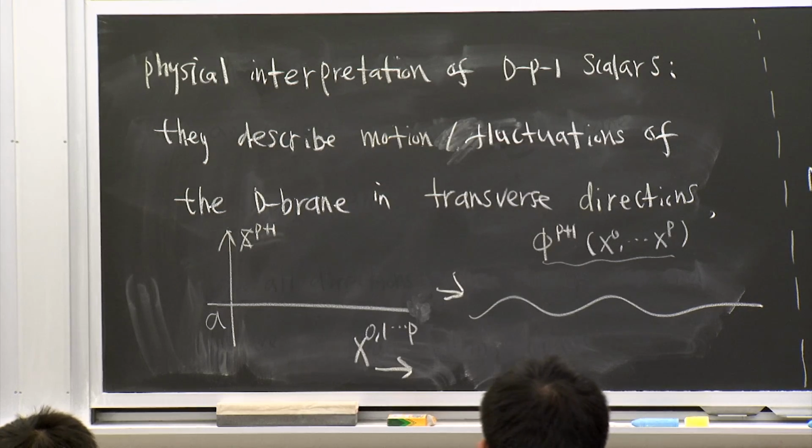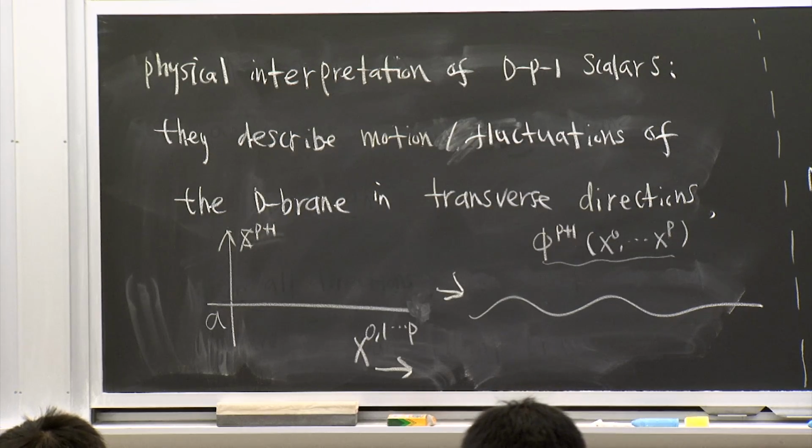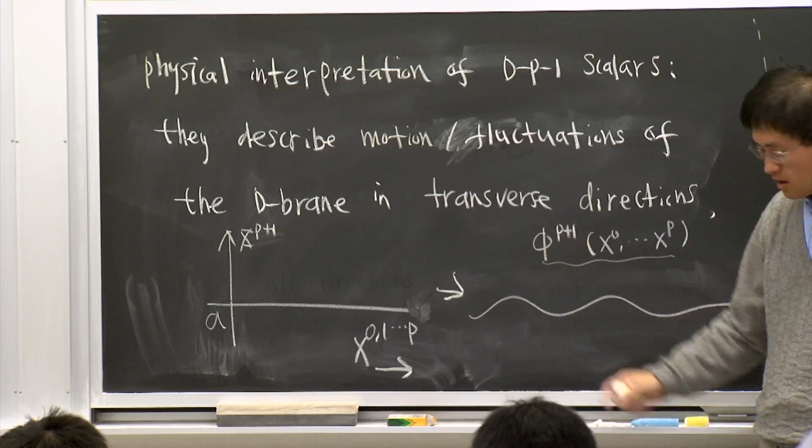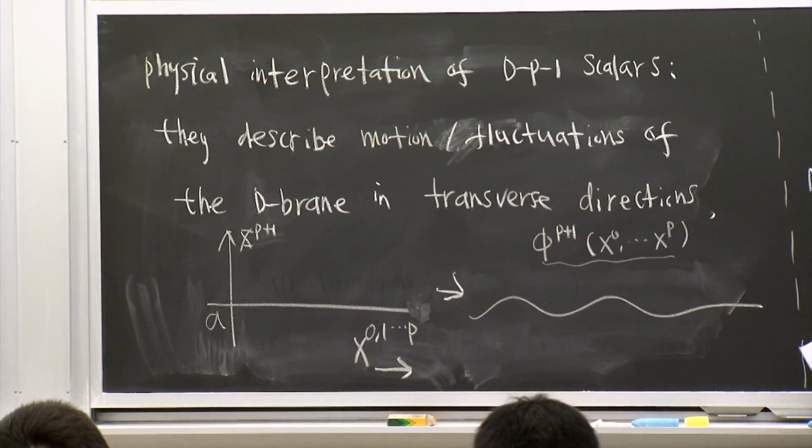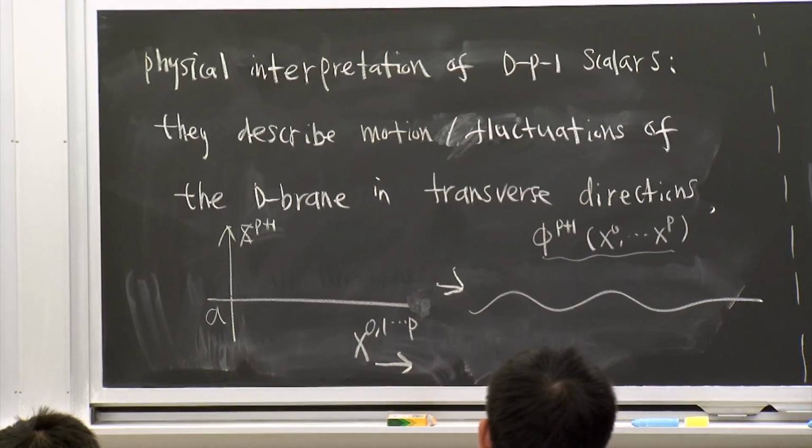I will not justify this precisely here, but this can be justified mathematically to really show that this is the case. Let me just mention some support for this picture.